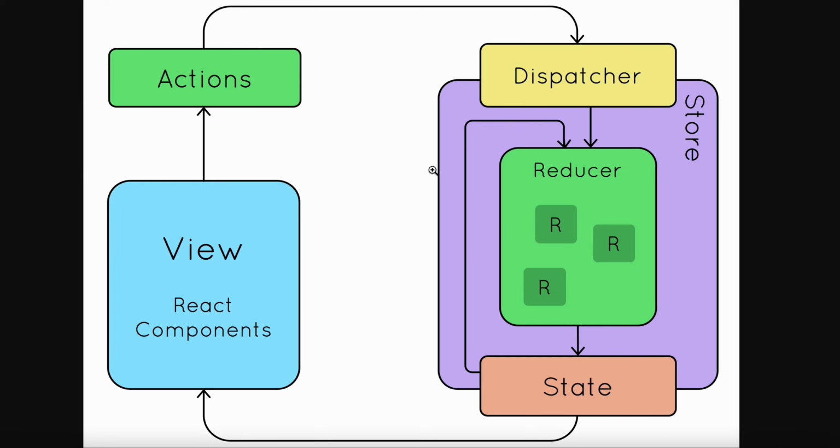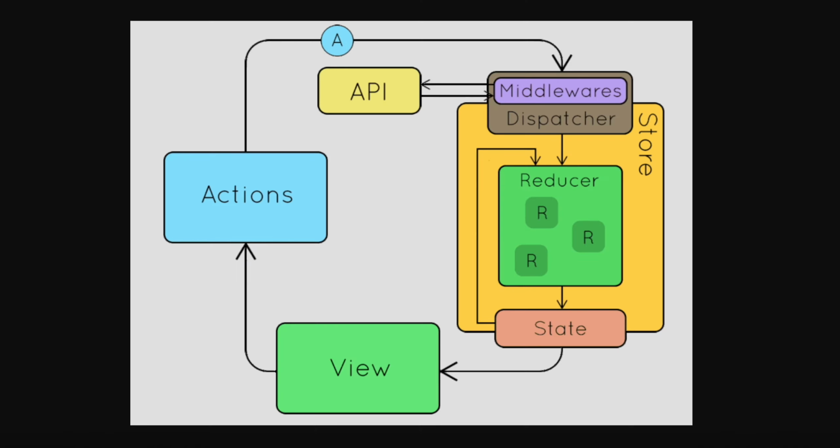So let's look at another visual which represents what we're talking about here. Here we see an example whereby the person has, it can be anything, a store, a game, a blog, but in this case we have an API, and then this API is served to your store using the dispatcher and the middlewares.